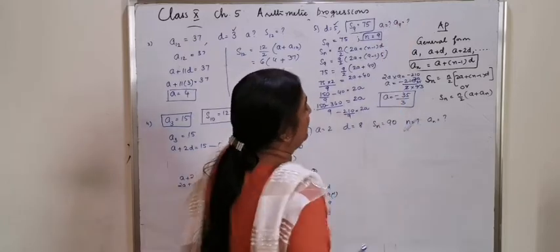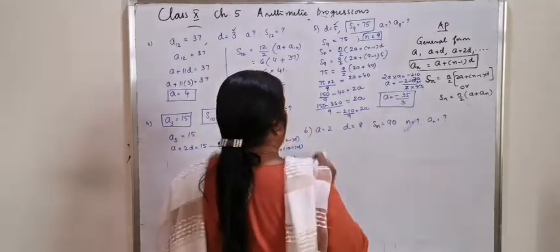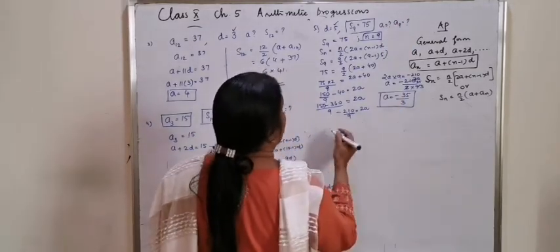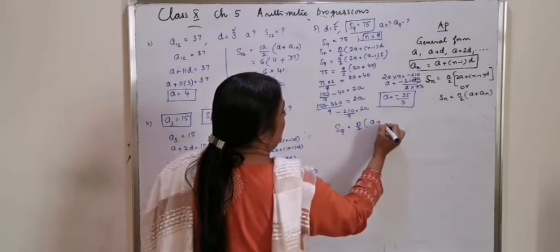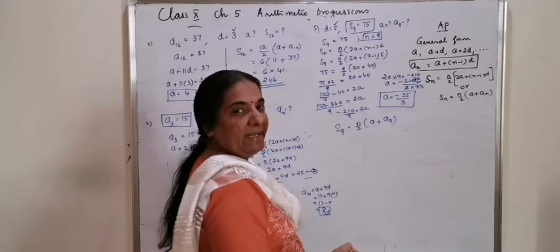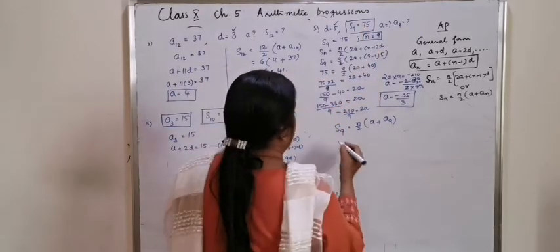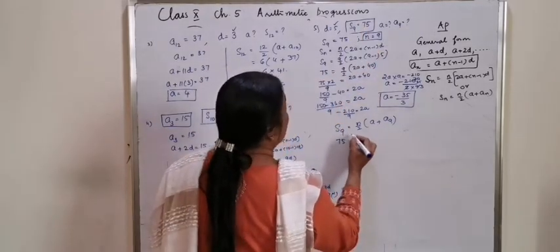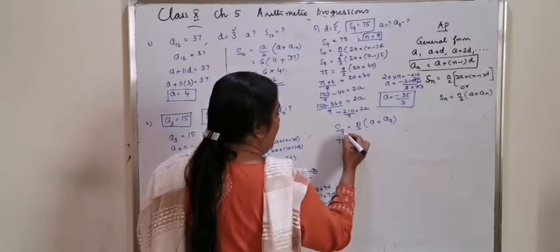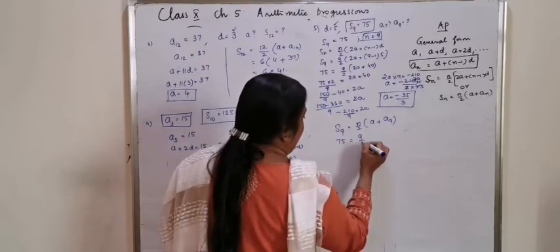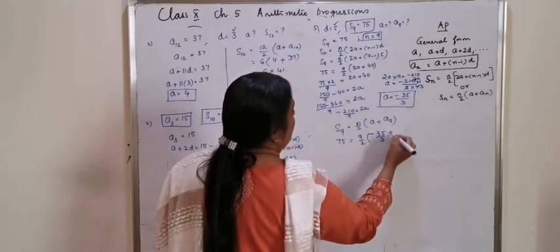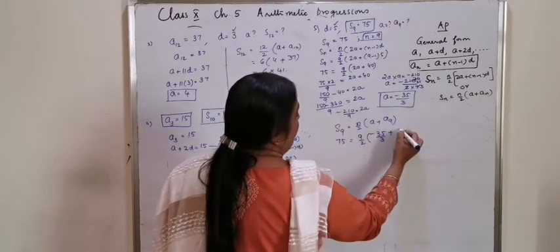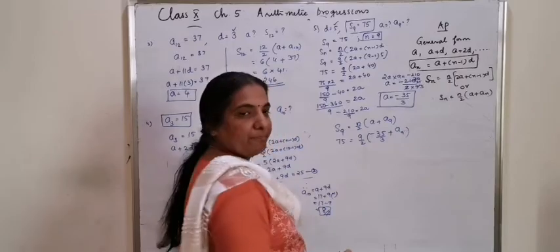Now you have to find out what is A9. What is the formula? The formula is S9 is equal to n by 2 into A plus A9. S9 is 75, and the value of n is 9. So 75 is equal to 9 by 2 into minus 35 by 3 plus A9, the value of A9 has to be found out.